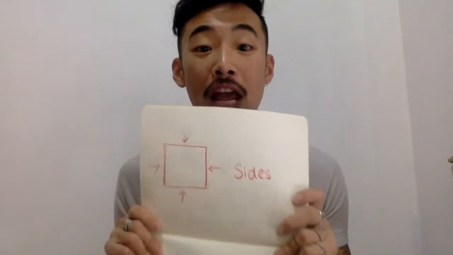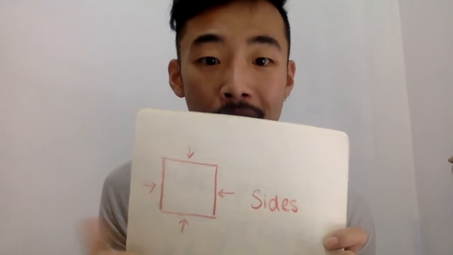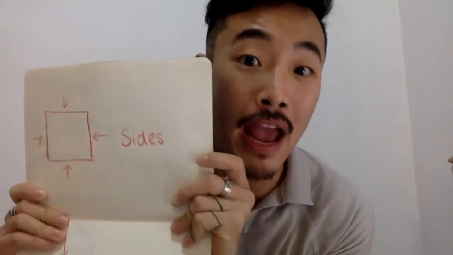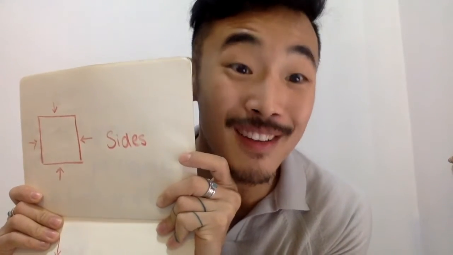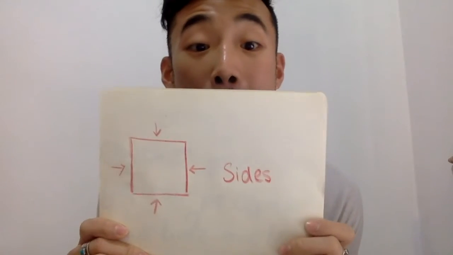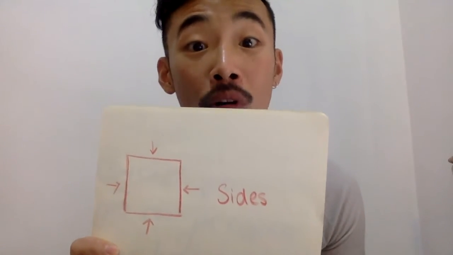Now, it's the same with shapes. Shapes have special attributes that help you to recognize them. For example, shapes have sides. This shape has 4 sides, and it's the shape square. You got it. And we know that this is a square because it has 4 sides.